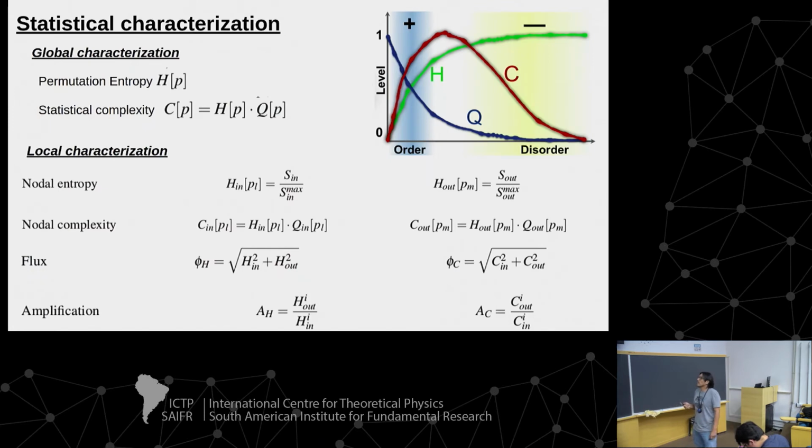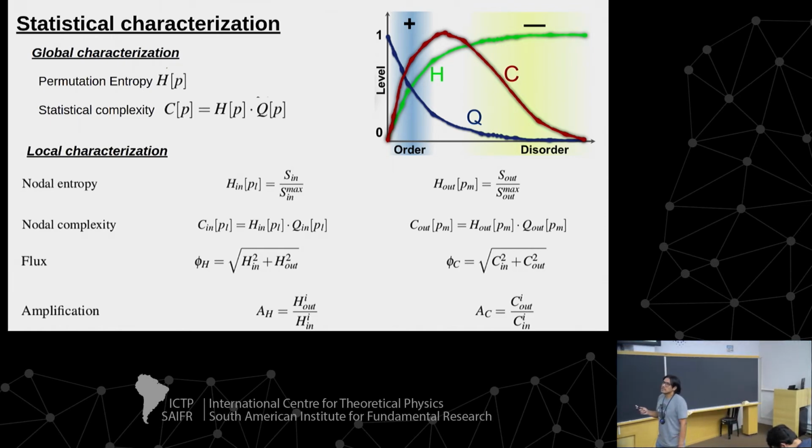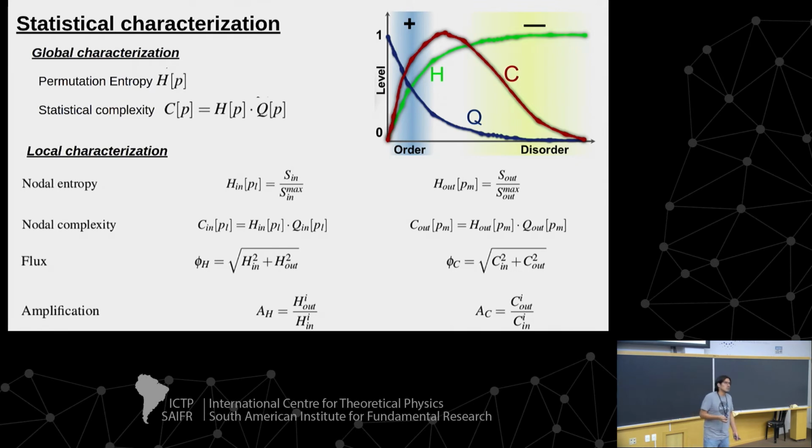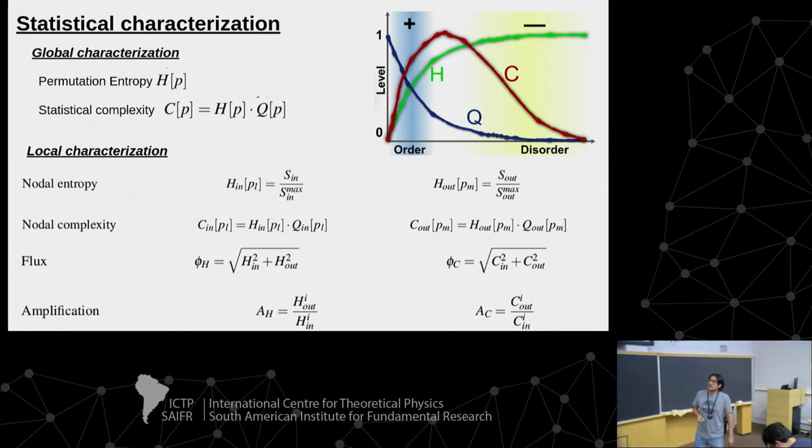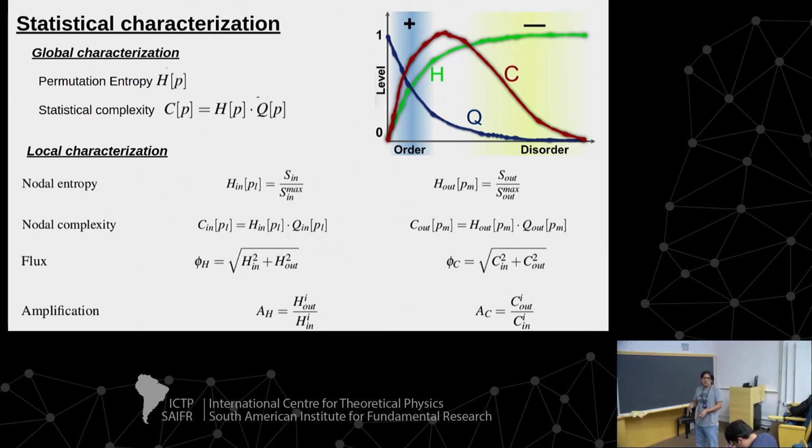So the statistical characterization is going to be divided into parts. The first is a global characterization, which is pretty much standard when you want to characterize a time series using symbols.